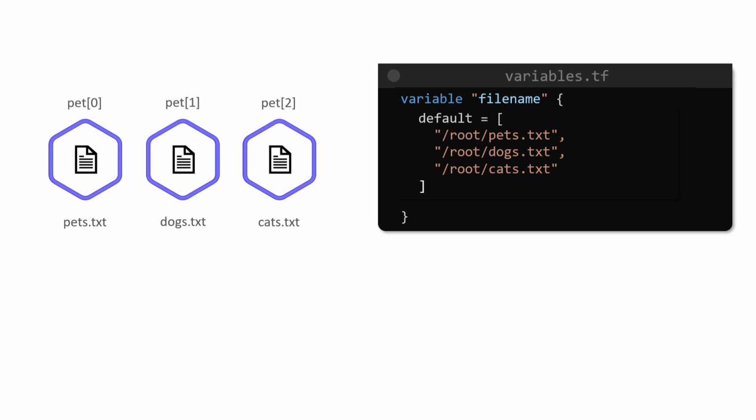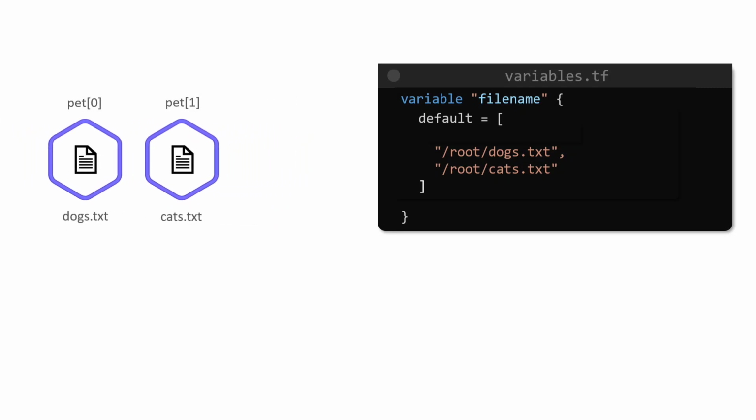And the third resource is pet[2], which creates a file called cats.txt. The first element in a list is always 0, and as a result, when we deleted the element called /root/pets.txt, which was at index 0 to begin with, the element with the value /root/dogs.txt shifts up and takes its place at index 0.